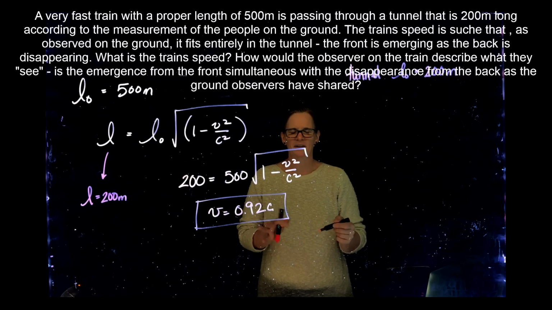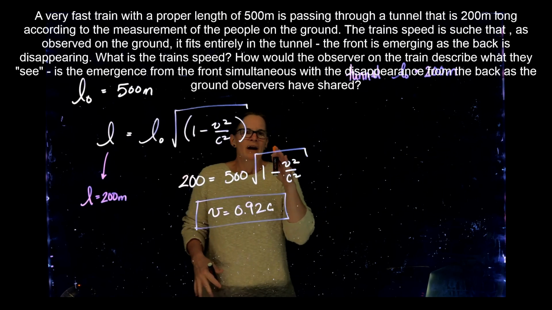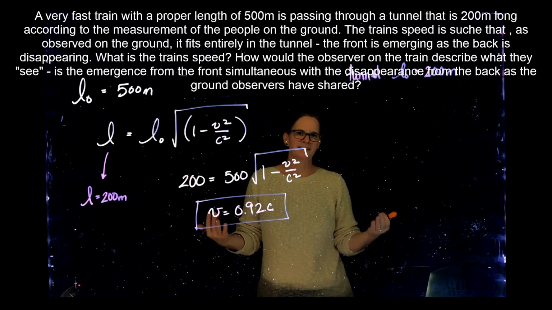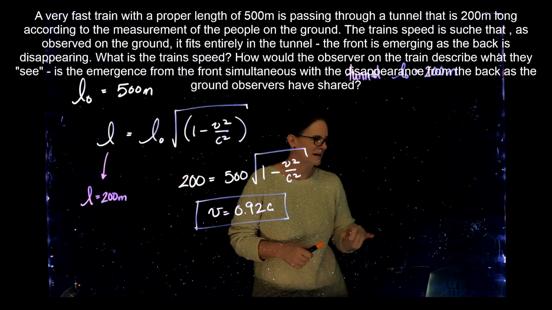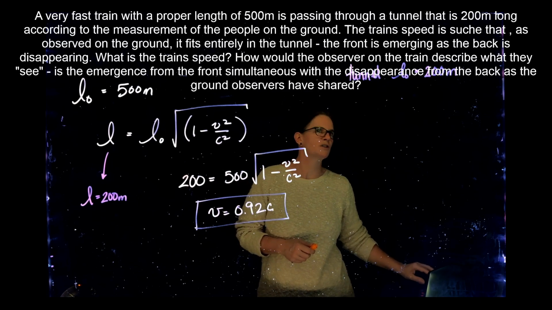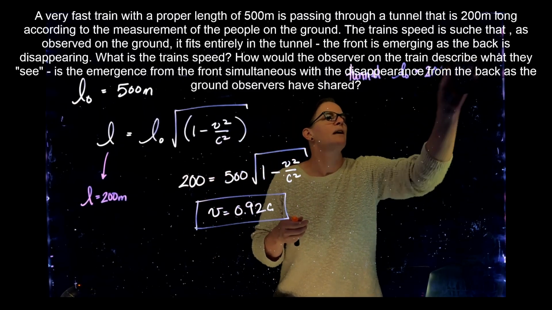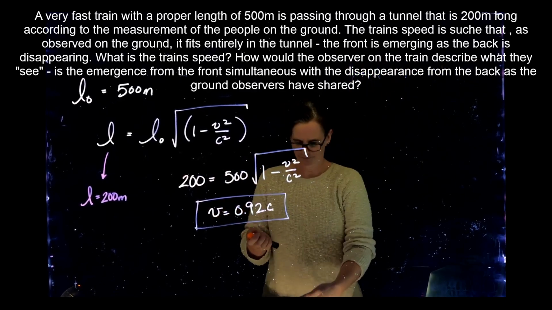All right. So kind of a fun way to think about things. Now I have a question. How does a passenger on the train see it going through the tunnel? What does the passenger on the train see?